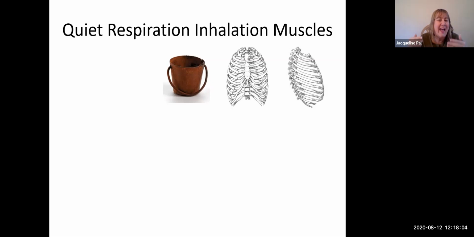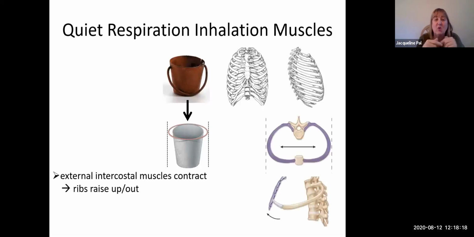Now, what happens to the diameter when you lift the ribs is the same concept that's going to happen when you lift the pail bucket's handles, in that the diameter will increase in both the transverse side-to-side plane as well as the anterior posterior plane. So how do we get the ribs to elevate? Well, we contract your external intercostal muscles and your ribs raise up, thereby your chest cavity getting larger in 2 dimensions.